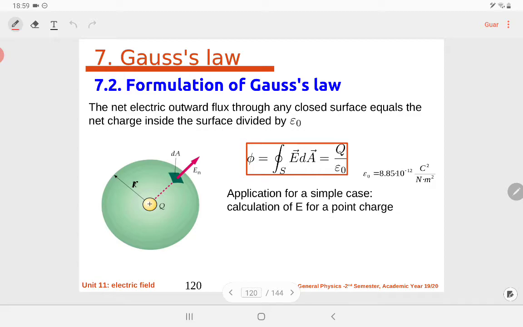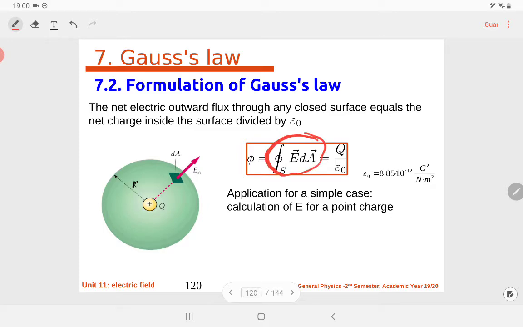So let's see an application for a very simple case that we already know how to solve, but we will solve it with Gauss's law. To apply Gauss's law, note that this law is always true, but it's not always useful. It is useful only when there is great symmetry in the problem, because we want to make this integral simple.